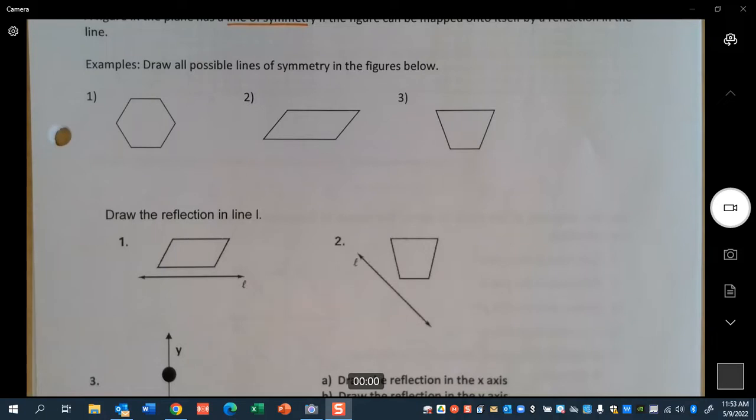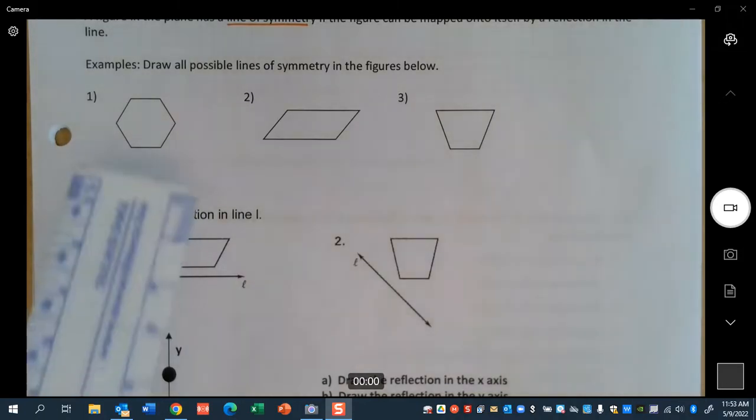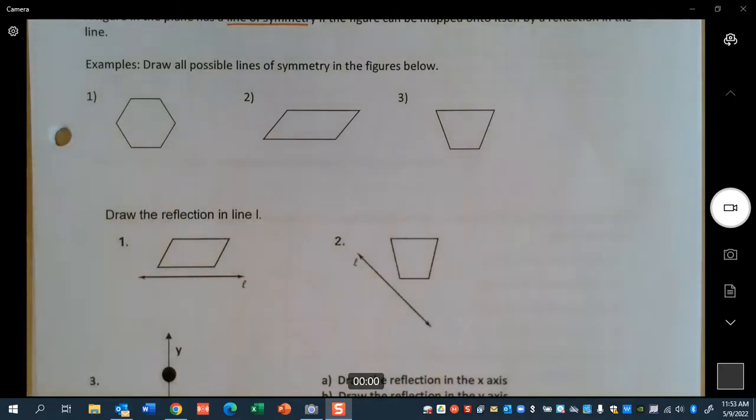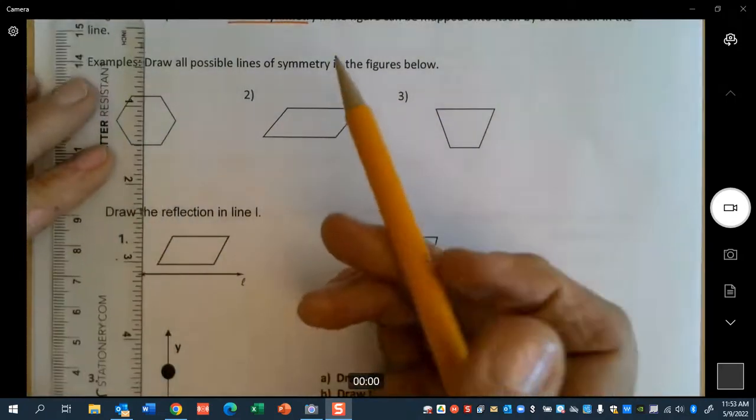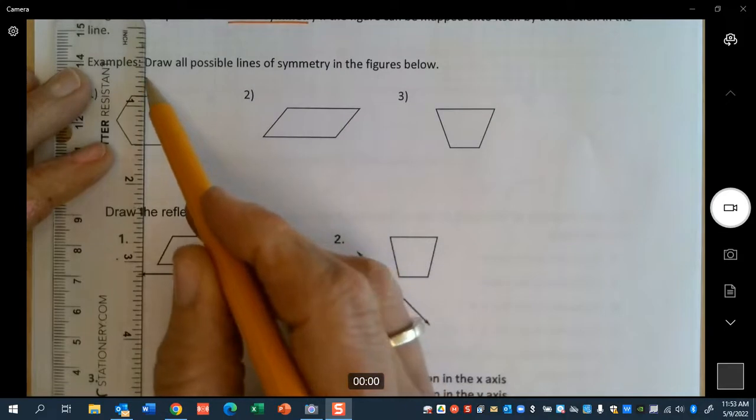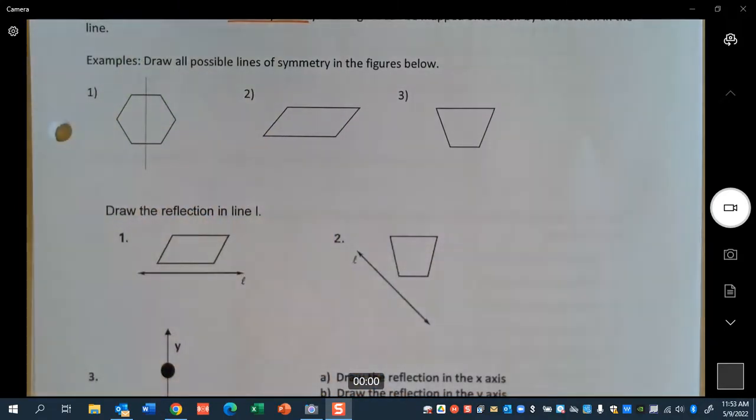So when we draw these lines of symmetry, what we want to picture is if I folded that shape in half on that line, would it map onto itself? So if I draw a line like that and you pictured that being a fold, would that map onto itself?